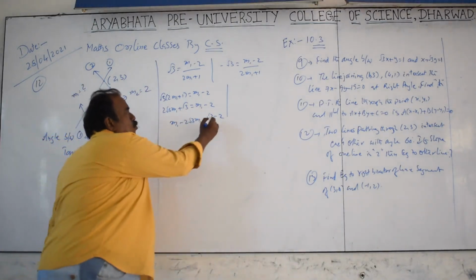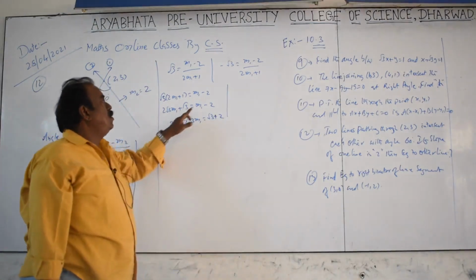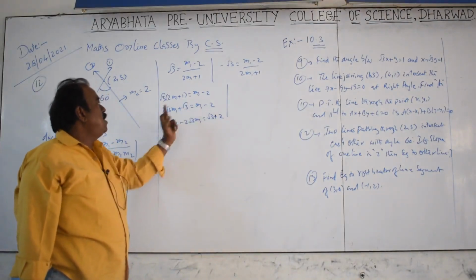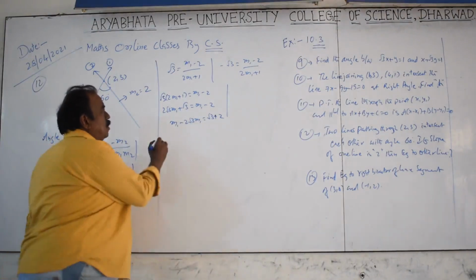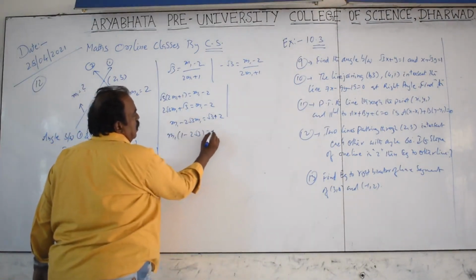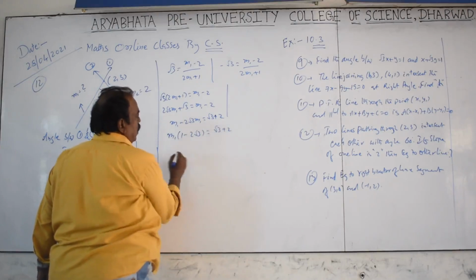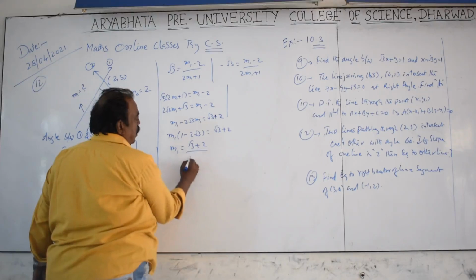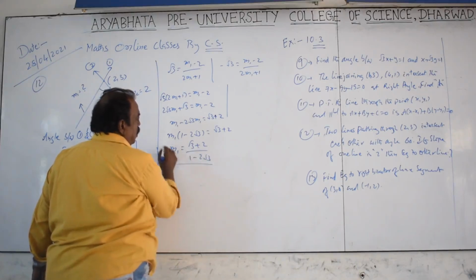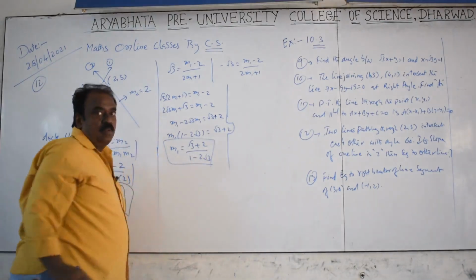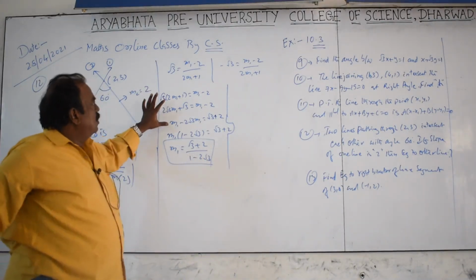I am sending this 2 to this side, root 3 plus 2. Here m1 minus 2 root 3 m1, so m1 is taken common. So m1 is equal to (root 3 plus 2) by (1 minus 2 root 3) is the first one.